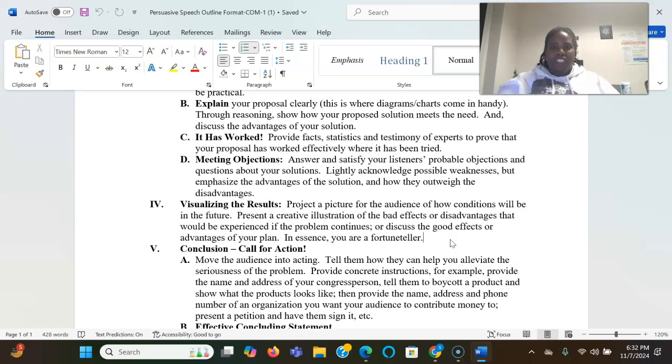So usually the transition starts off like that, and we're going to describe a scenario where we're implementing your solution. Or you can talk about, hey, if we don't implement your solution, what will happen? Or you can talk about both, but you do need that section right there.